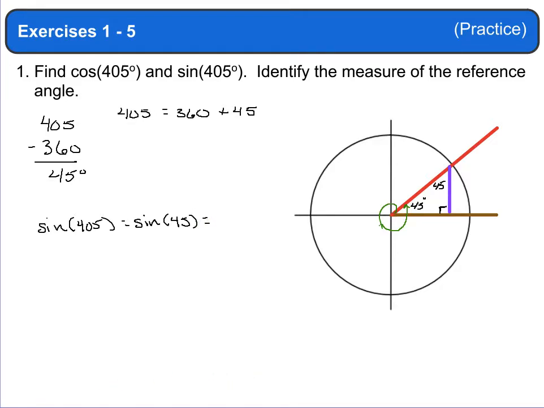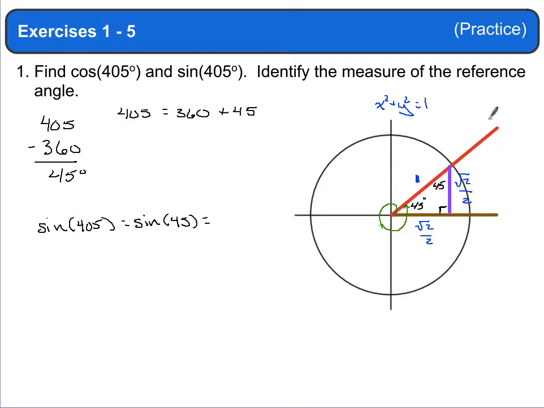So if that's the case, then on all of our unit circles, we know that this is 1 because our unit circles are x squared plus y squared equals 1. And since these are 45, 45, 90s, we know that this is going to be the square root of 2 over 2. And this is going to be the square root of 2 over 2 as well.